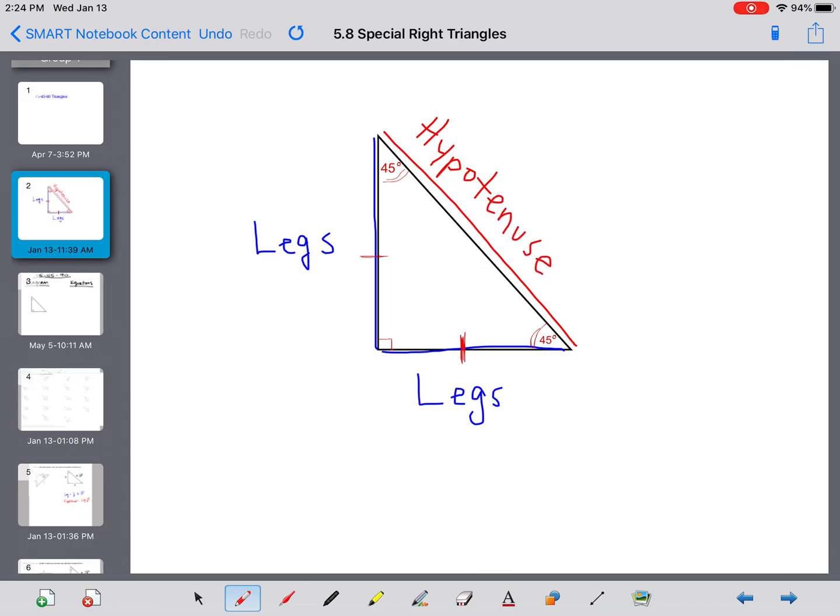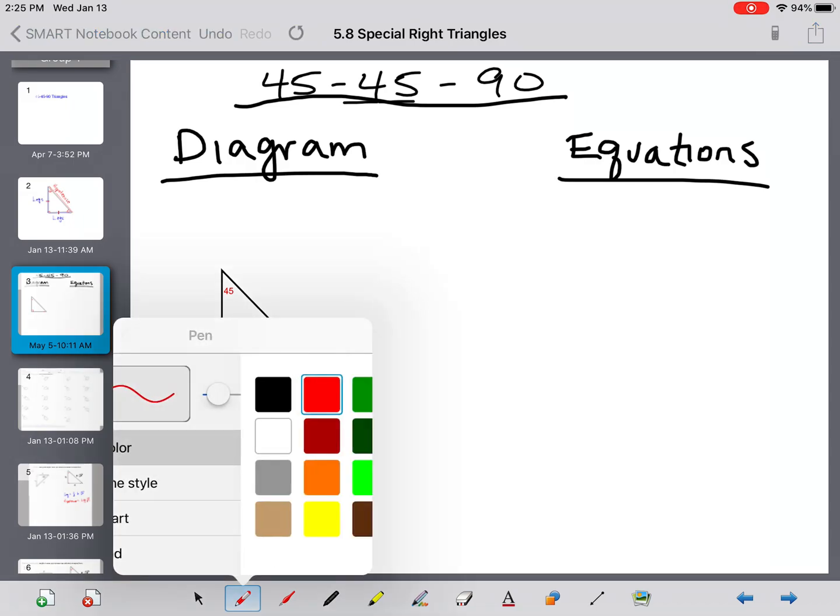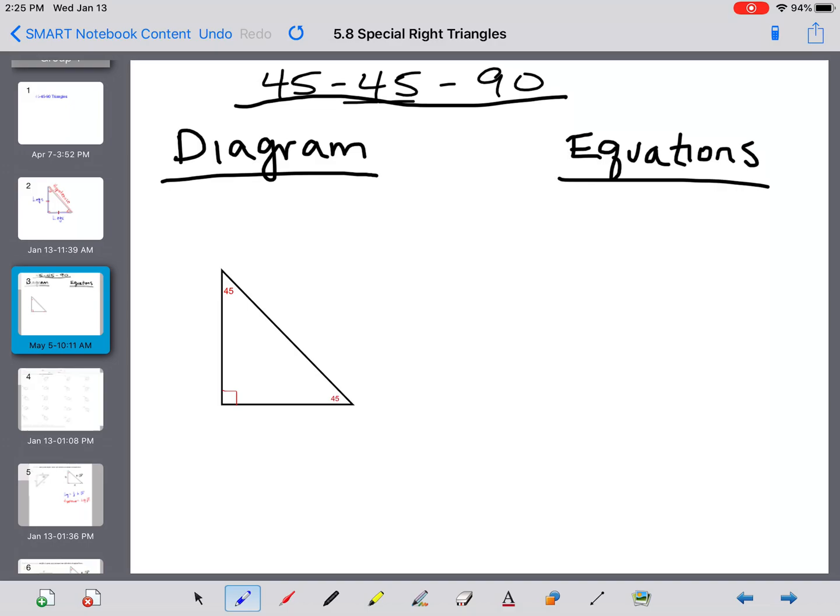Now, if you have a hard time remembering right triangles, I highly suggest you pause and make sure you have this diagram written down. In a 45, 45, 90 triangle, we have special lengths for our sides. They're meant to help you solve these triangles more efficiently.